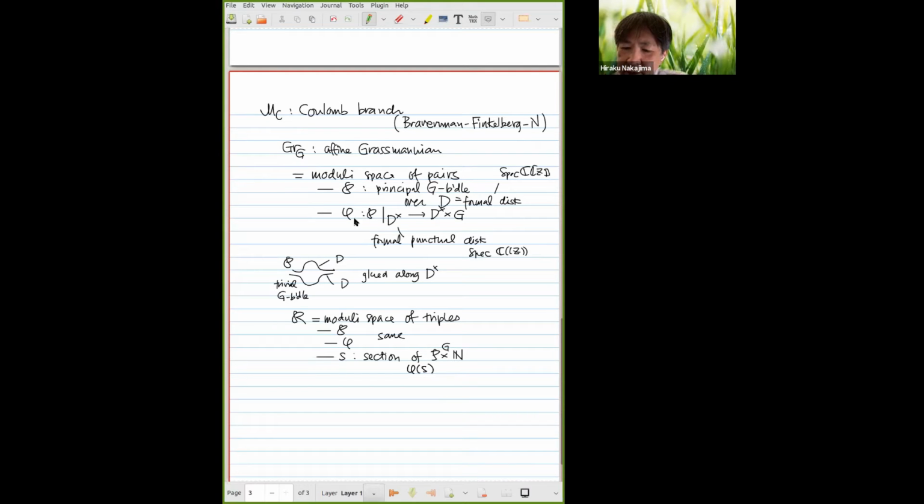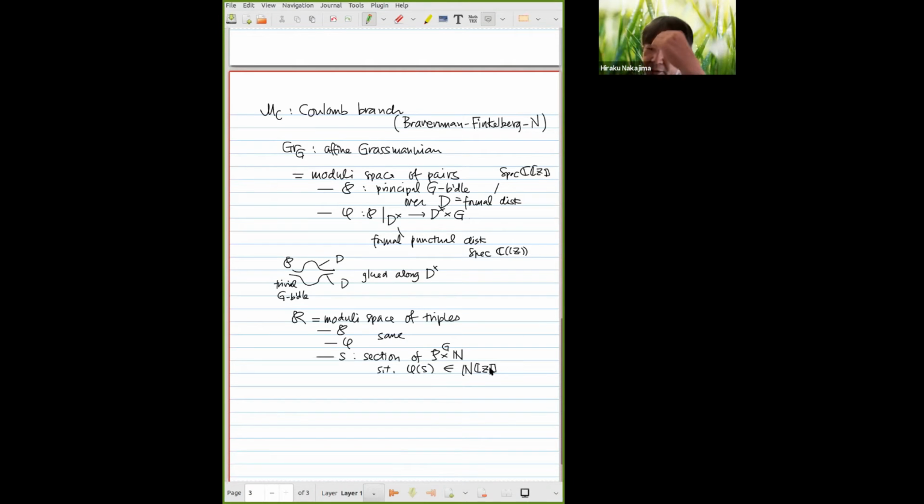By the framing, you can send the section by phi. A priori this is an element in the N-valued formal Laurent series, but I impose the condition that this extends across 0.